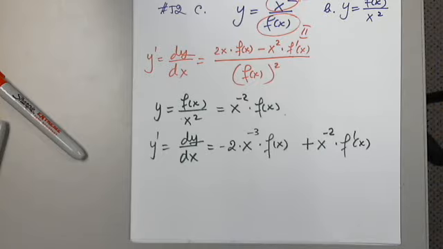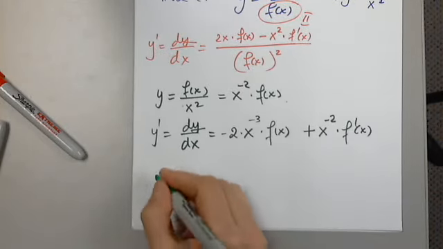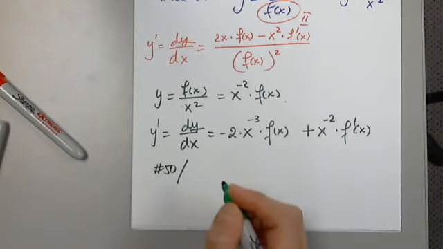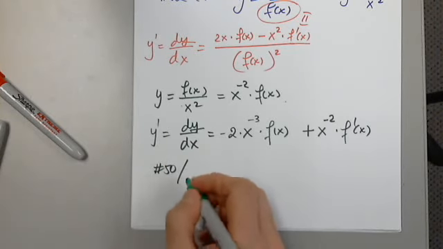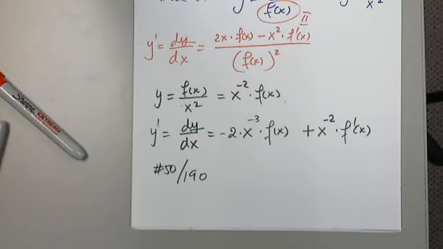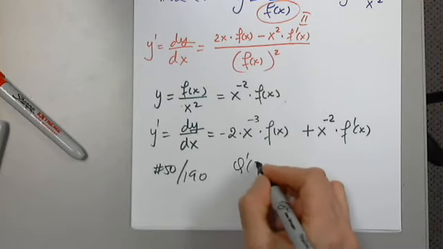Okay, now I would like to look at the graph. So let's look at problem 50 on page 190. Let's say we want to determine q prime of 7.